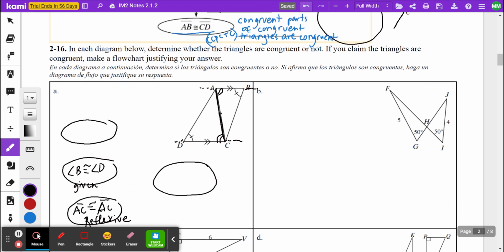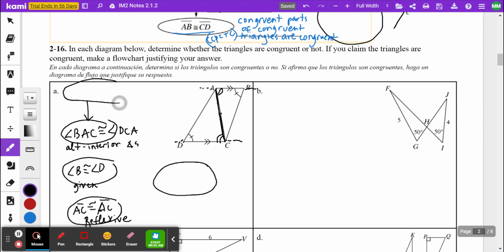And we have angle BAC is congruent to angle DCA. But that wasn't given, so we need to justify it. Well, we have to justify everything, but this justification will be that they are alternate interior angles, which depends on the fact that we have parallel lines.